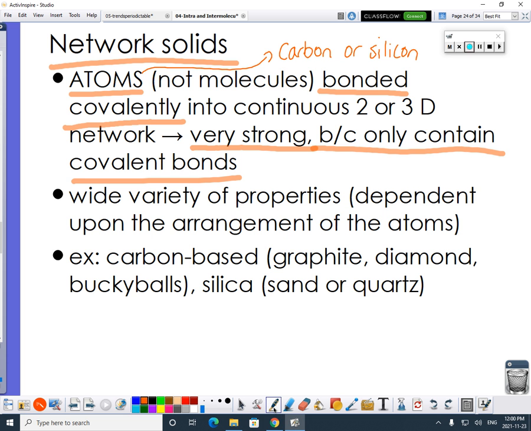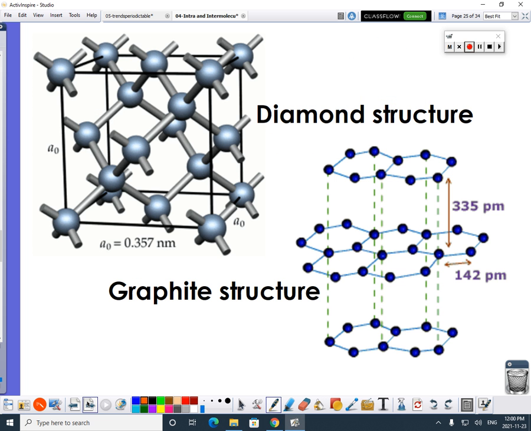So we're going to talk about the difference between graphite and diamond. Silicon or silica is also important. Sand, quartz, those are silicates. But since we are carbon-based organisms, you're just more used to carbon. But definitely silica will do the same, or silicon will do the same thing because it has 4 valence electrons. You guys have this, right?